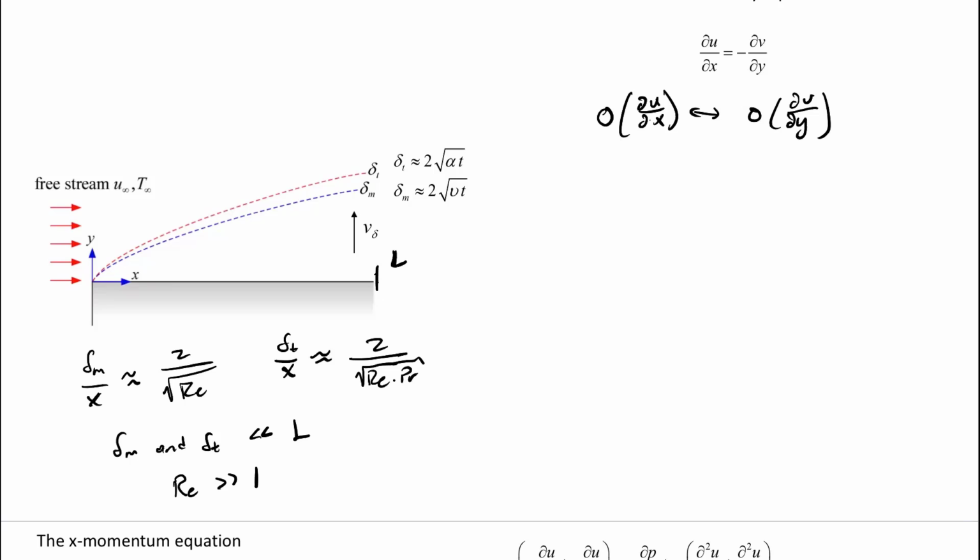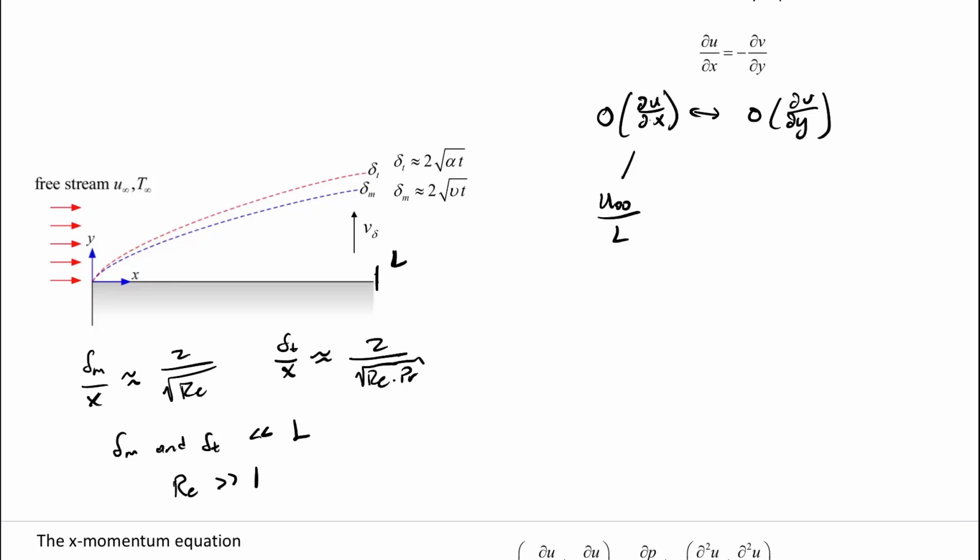If we look through what the actual order would be, what's the order of du dx? What's the biggest that u could be, or the biggest that du could be? U infinity. What's the biggest that dx could be in this problem? L. So the order of du dx is u infinity over L. That's a good approximate order for that derivative.